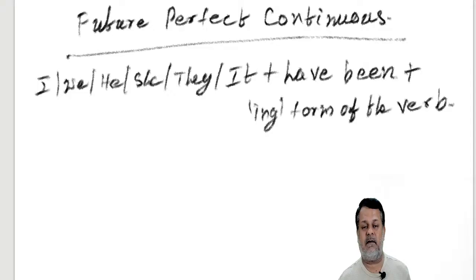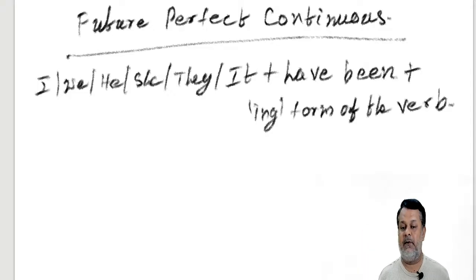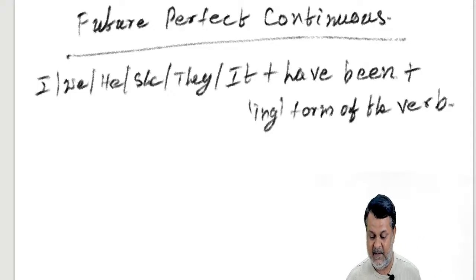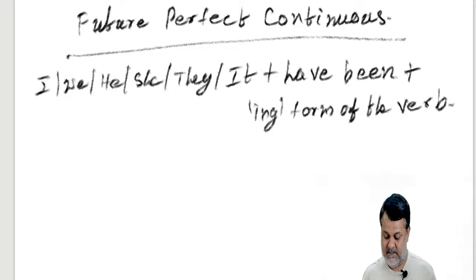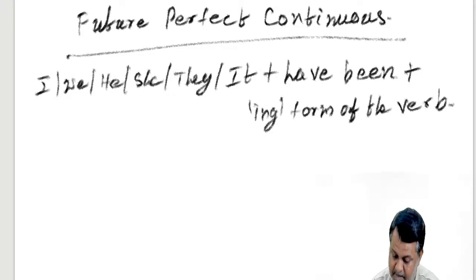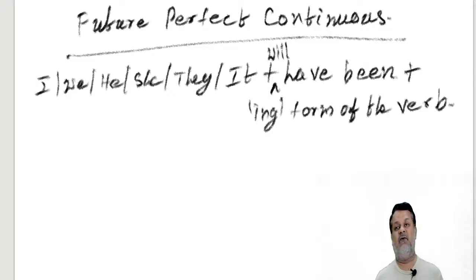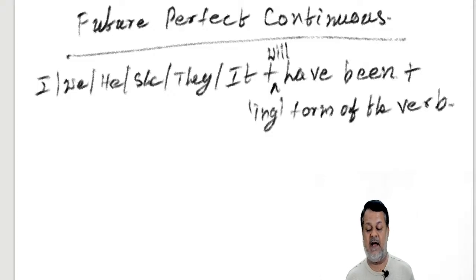So here, whether it is singular or plural, it is always will have been plus ing form of the verb.